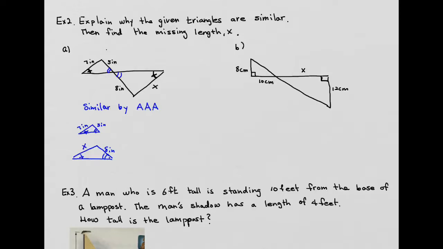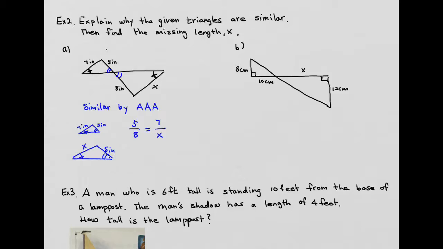So now I know which is equivalent to which. So x is equivalent to 7, 5 is equivalent to 8. And we can use proportions. I put the smaller triangle value on the numerator, so the other numerator should also be smaller. And the denominator will be the equivalent side from the larger triangle.